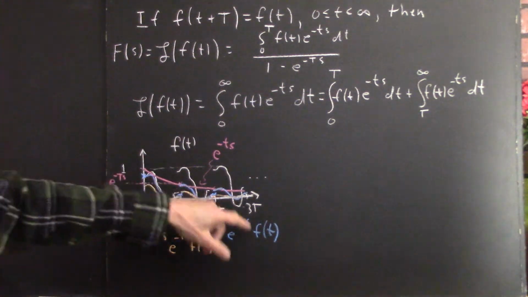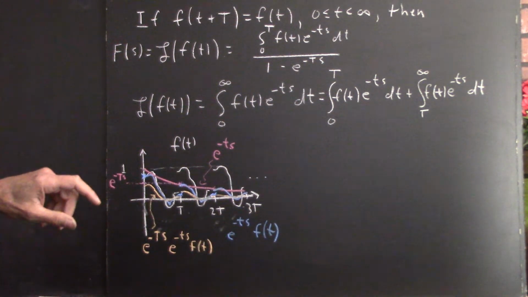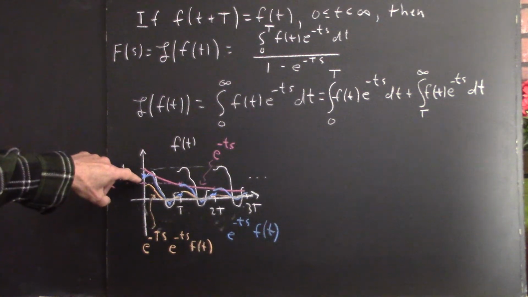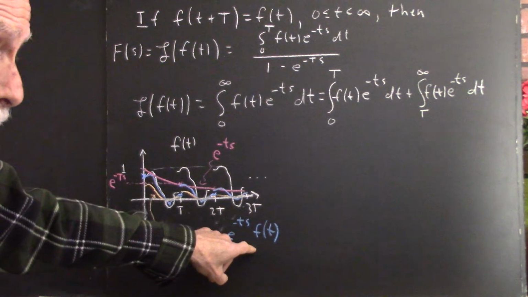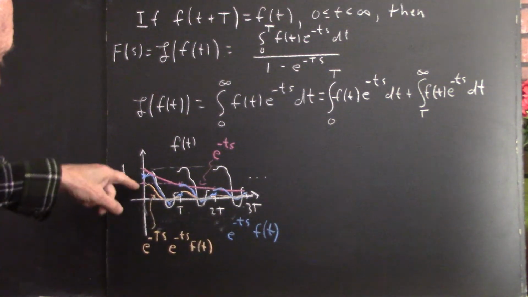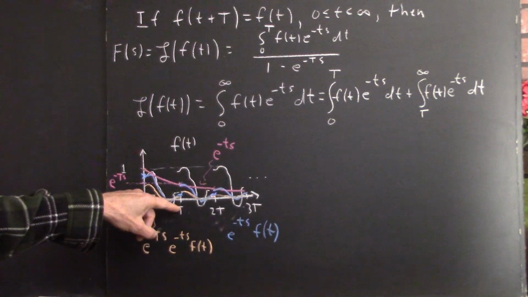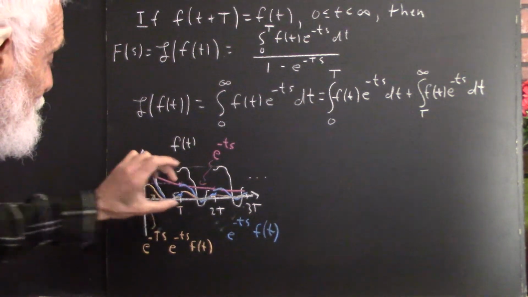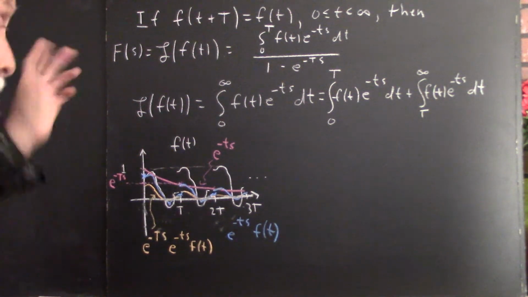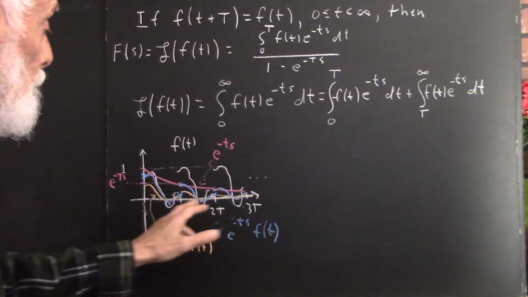Okay, constructing these graphs, then we see that the integral from 0 to infinity of the blue function, this function, is going to equal the integral from 0 to capital T of this function plus everything that happens from here on to the blue function.